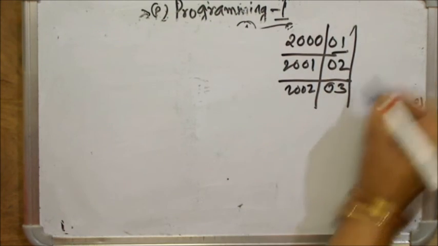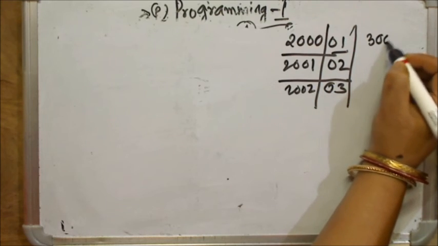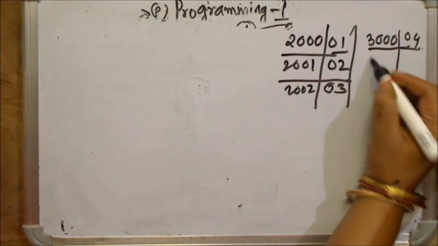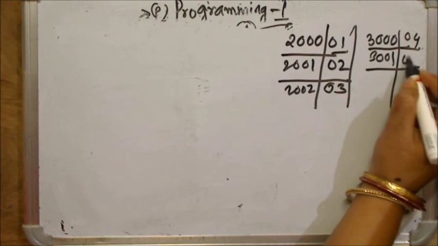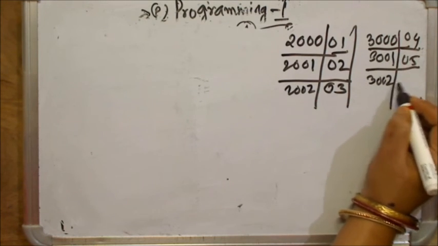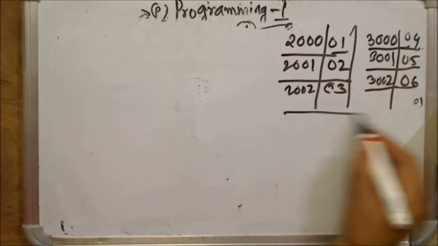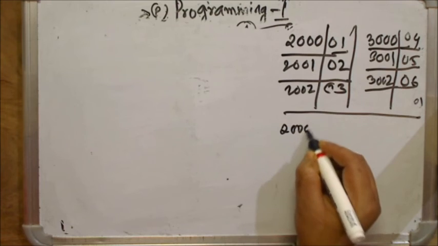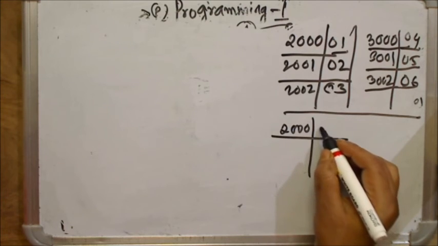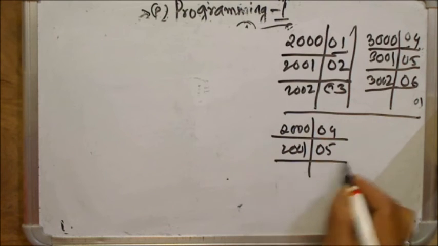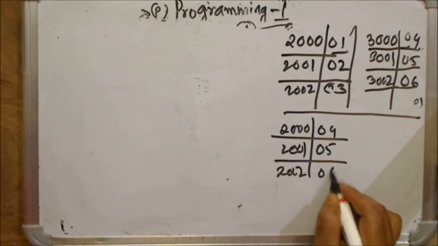So these are the set of data stored in memory location. At 3000 it is 04, 3001 is holding 05, 3002 is holding 06. So this set of data will come here. After execution, 2000 will store 04, 2001 will store 05, 2002 will store 06.